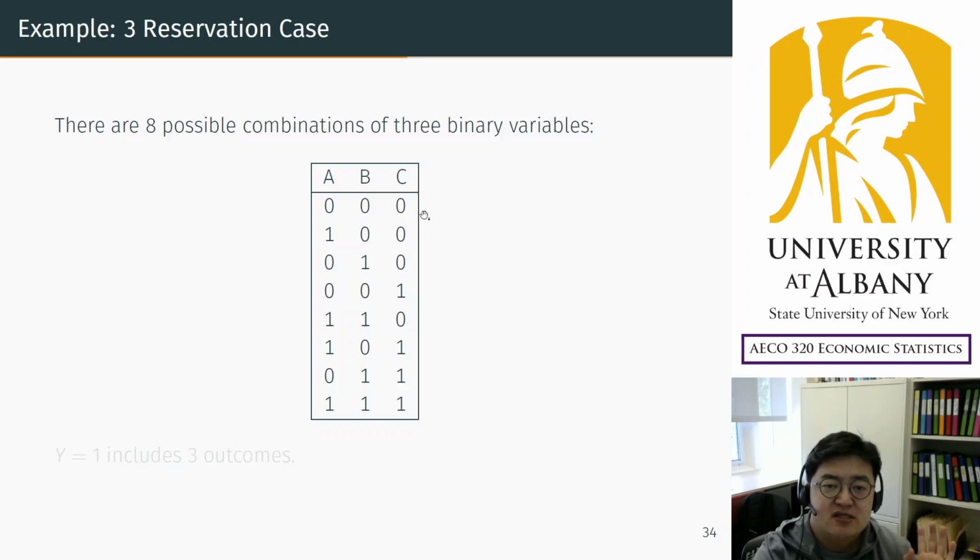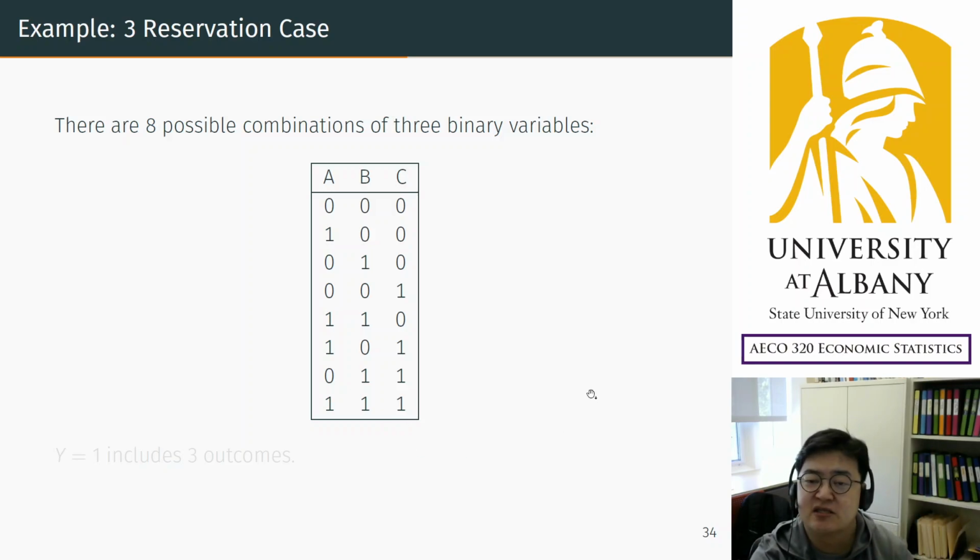Okay, so I listed all possible outcomes in this way, right? 0 means a reservation is not canceled. The first outcome is that no reservation is canceled, and then only A is canceled, only B is canceled, only C is canceled, A and B canceled, A and C, B and C, and then all reservations canceled.